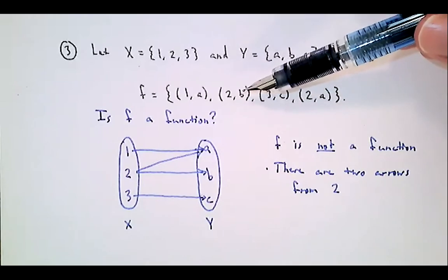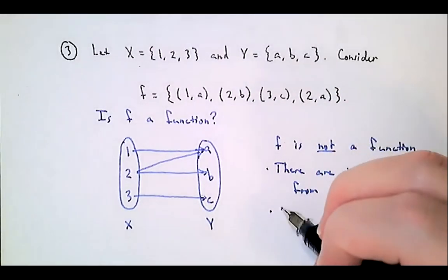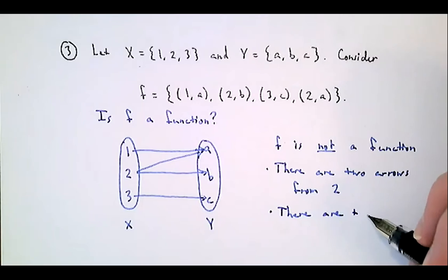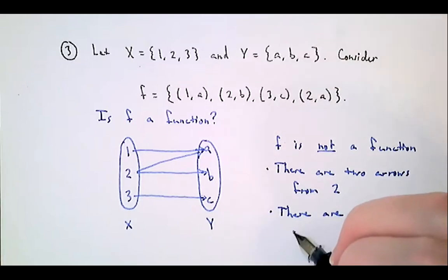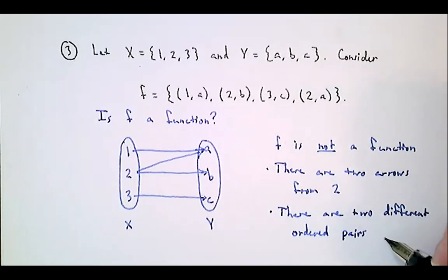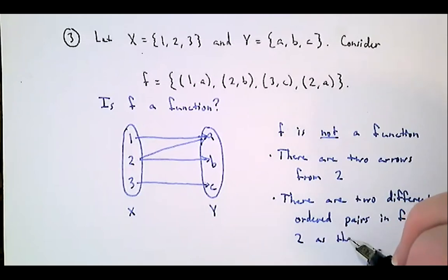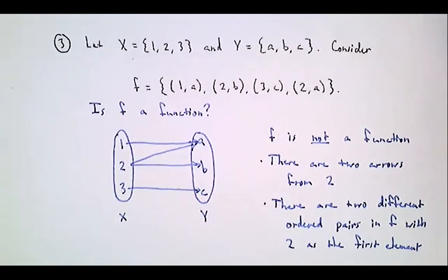So here 2 is paired up with B, and here 2 is paired up with A. Okay, good. So do you guys have any questions over this third example?